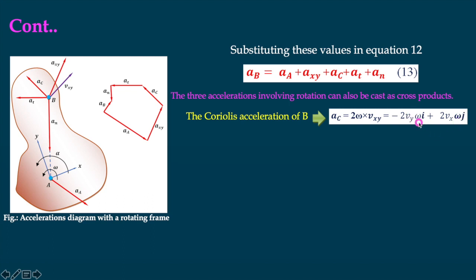See, if V equals Vxy equals Vx i plus Vy j, then AC can be written as 2 omega cross Vxy, where 2 is common, and it is the cross product of omega with Vxy, because Vxy means Vx i plus Vy j.